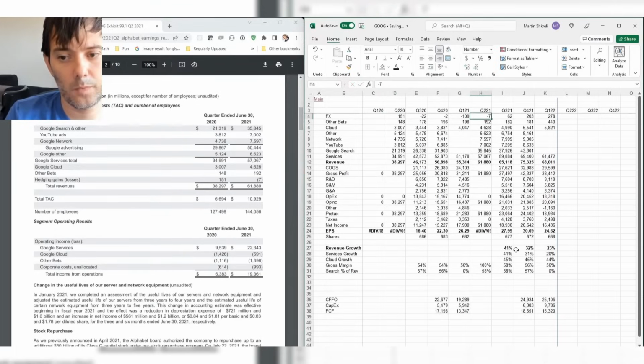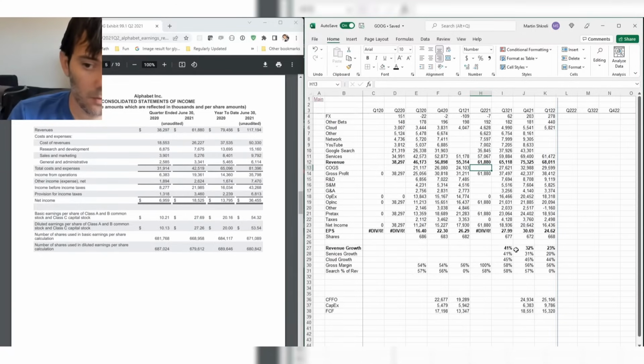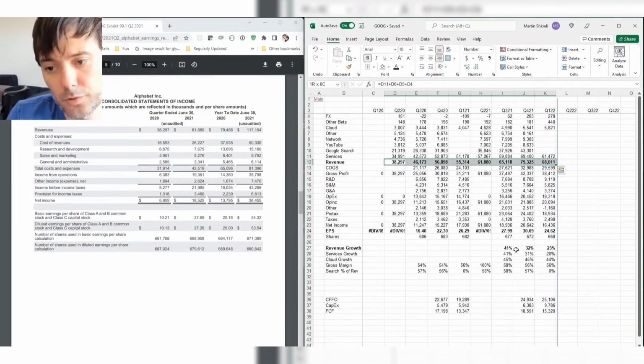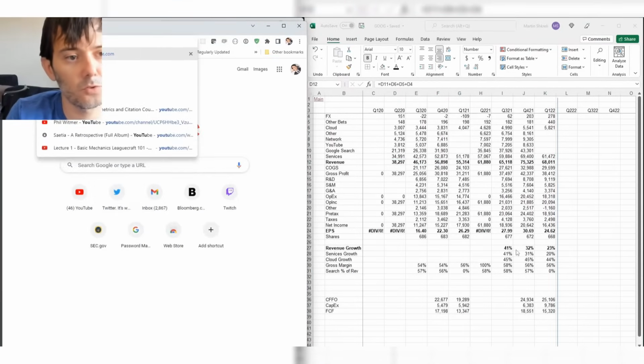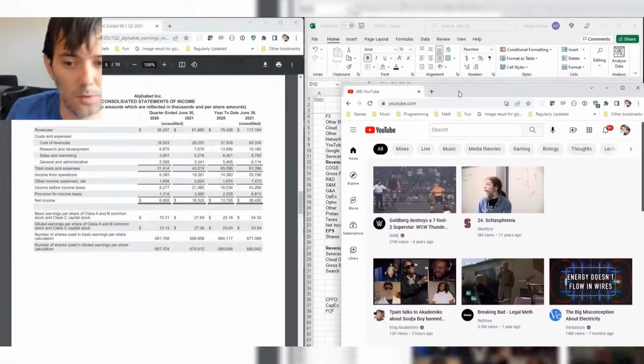Okay. Everything here matches up. And you can see Google's ad machine goes brrr. Money machine goes brr, right? You guys know what I'm talking about?